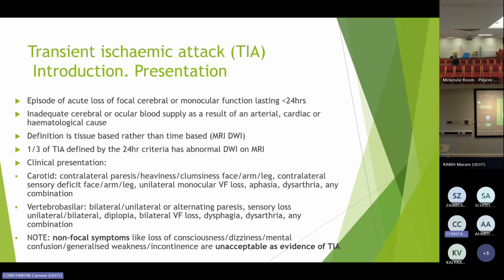It could present in carotid presentation with unilateral, so same side, ipsilateral visual field loss. It could give changes in the speech, like speech loss, dysarthria, and also we can have any of the above combinations.